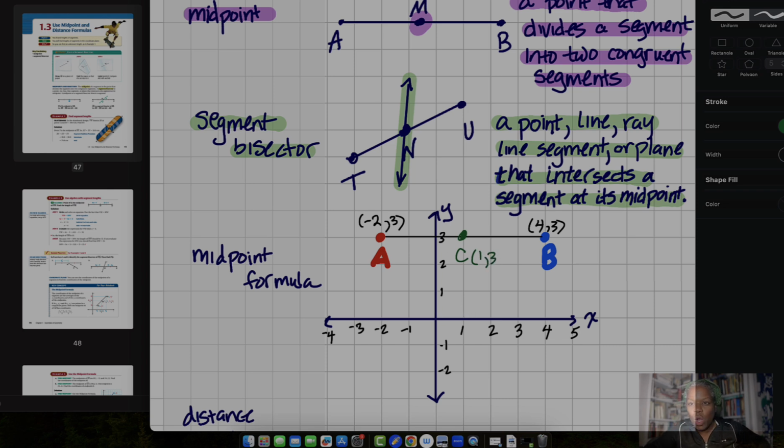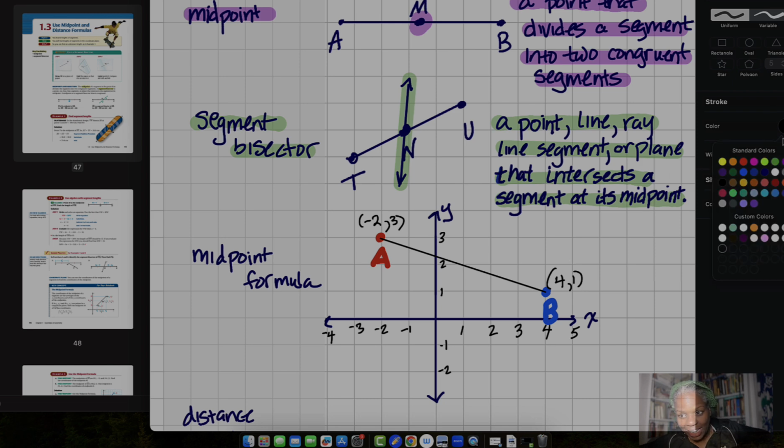Not too bad. Well, let's change the dynamics real quick. So what if we move B down here, say to (4, 1)? Now can you tell me what the midpoint is? Pause, see if you can find it. If you paused me and you tried, I'm hoping you got somewhere around here.